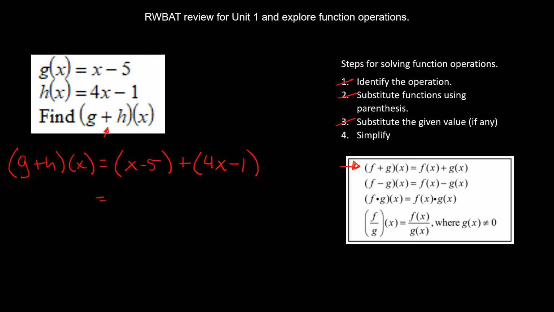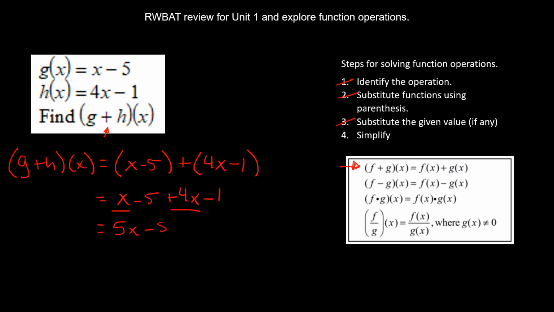So we can say, okay, I have nothing to distribute here, so I can drop these parentheses as x minus 5. And we have a plus sign here, so there's nothing to distribute, so we can drop those parentheses, so we would say plus 4x minus 1. The next thing we'd want to do, as we simplify, is to combine any like terms. Well, we see x and 4x. Well, 1x plus 4x is 5x.